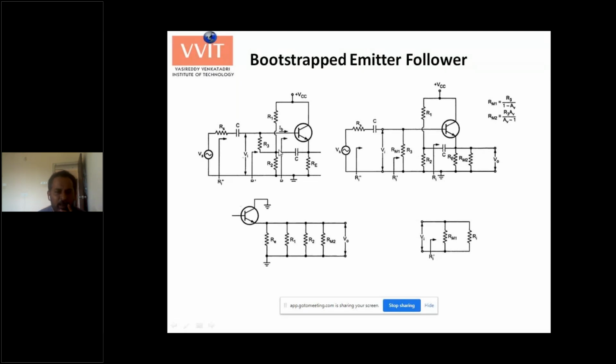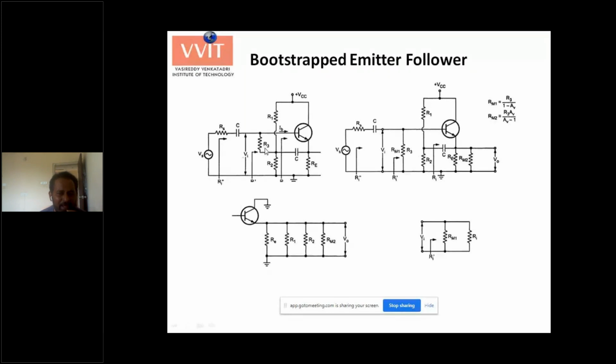The capacitor must be quite large so that when a signal is applied, it acts as a short circuit. Once the capacitance value is large, the reactance 1 by 2 pi f C is small. That means it will act as a short circuit even at low frequencies.